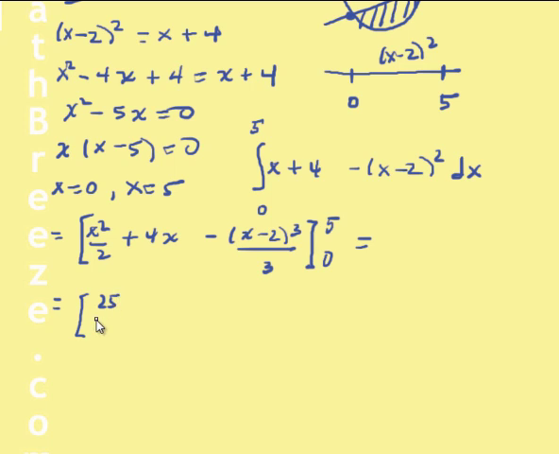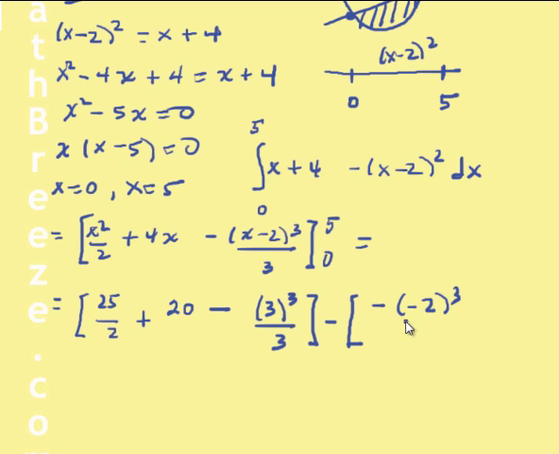We have 25 over 2 plus 20 minus 5 minus 2 is 3, so here we have 3 cubed over 3. And then substitute in 0, 0, 0. And here substituting in 0, we have minus 2 cubed over 3. And I'm just going to leave it like that.